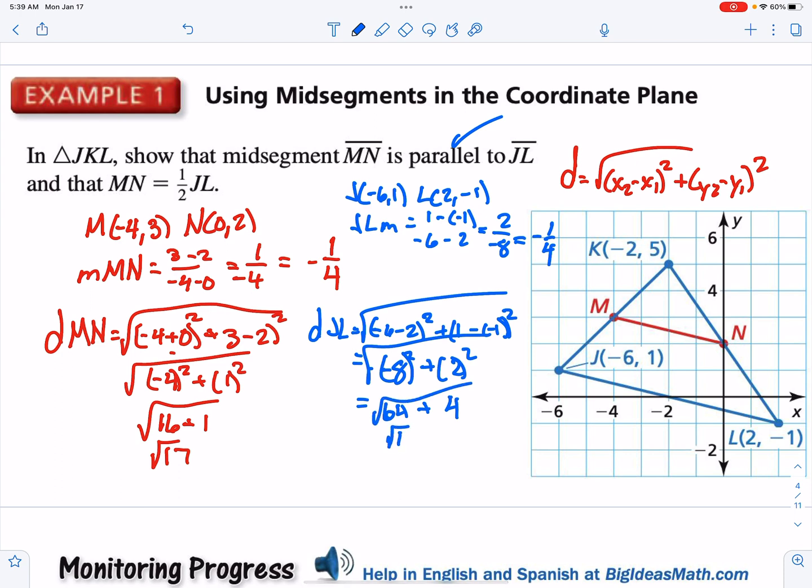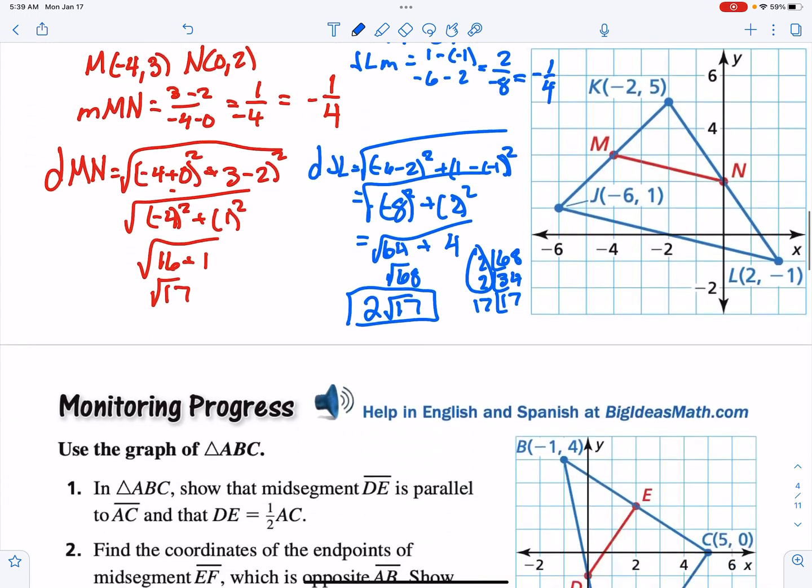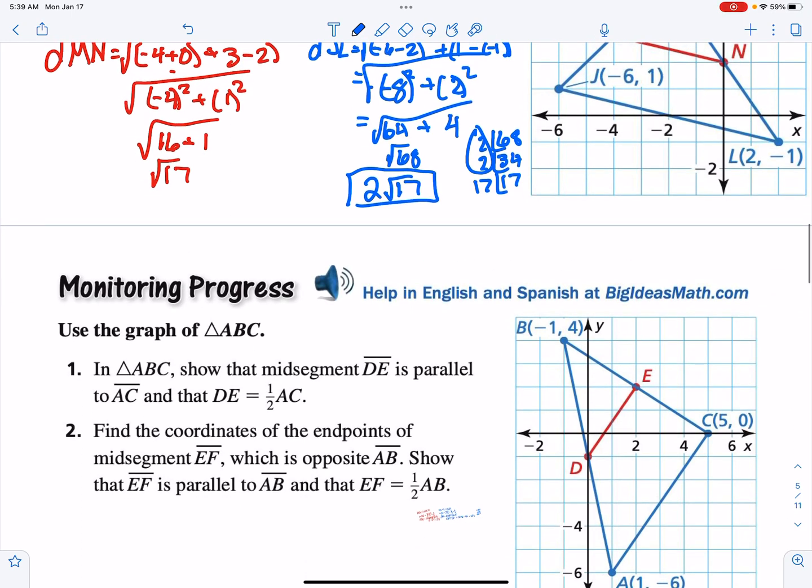If we take the square root of 68, when we ladder that out, 2 goes in 34 times, 2 goes in again 17 times, and 17 goes in once. So the square root of 68 simplifies down to 2 times the square root of 17. So we can see that it's literally twice as much as the square root of 17. That's proving what we get when we have a midsegment. Go ahead and try this.